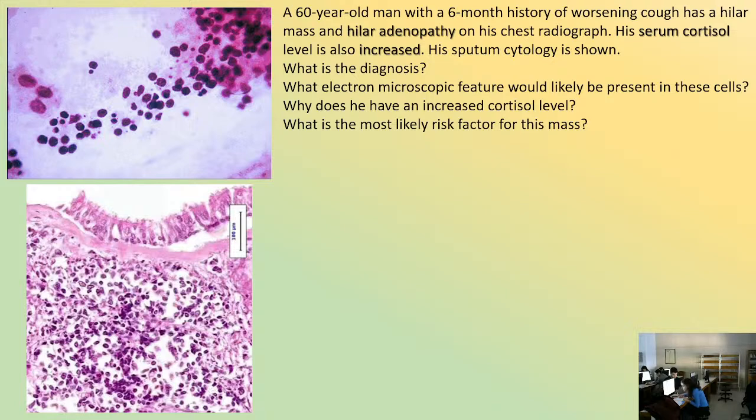Among these cells, there are some neuroendocrine cells, and when they become malignant, they give rise to this tumor, small cell carcinoma.